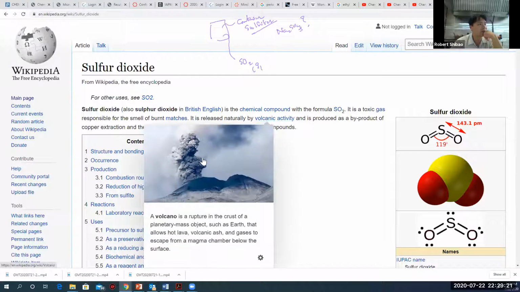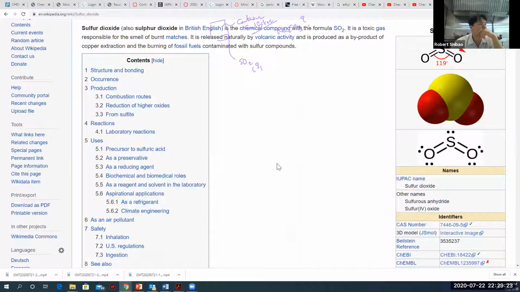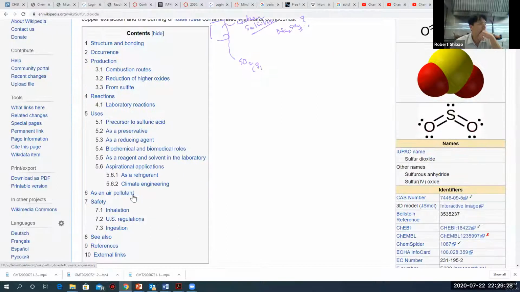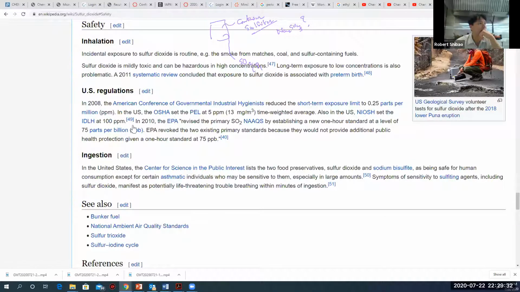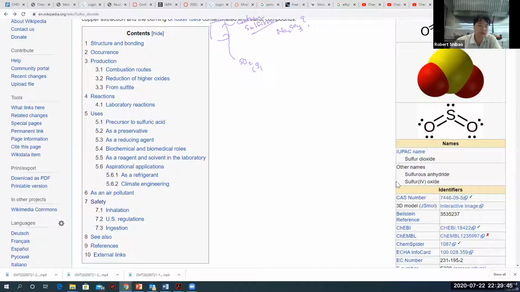This kills people, basically. Air pollutant safety, inhalation. Mildly toxic. But maybe sulfite sounds better. But when you look at sulfur dioxide and sulfite, redox-wise, they should be very similar, regardless.